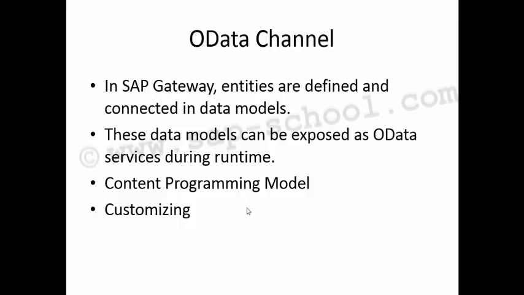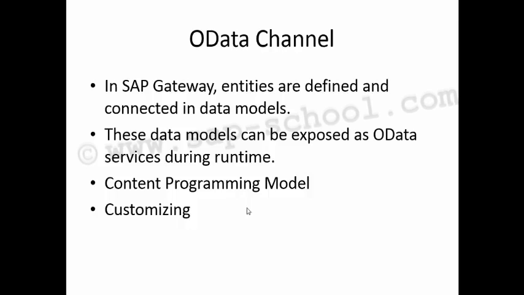These data models can be exposed as OData services during runtime. OData provides a wide range of request features such as inlining, expand, batches, paging, sorting and filtering. The content implementation balances the flexibility offered by OData and the technical constraints of the business functionality used.